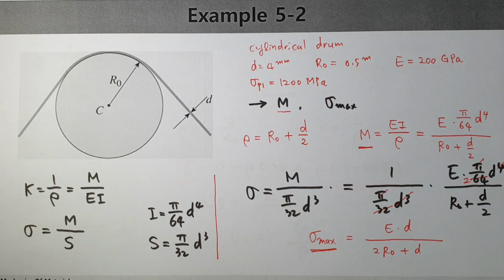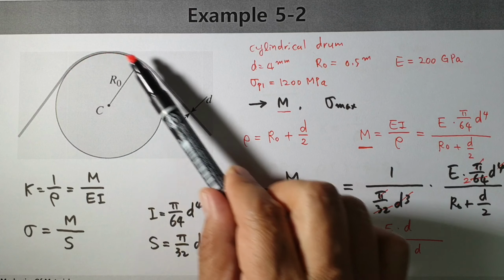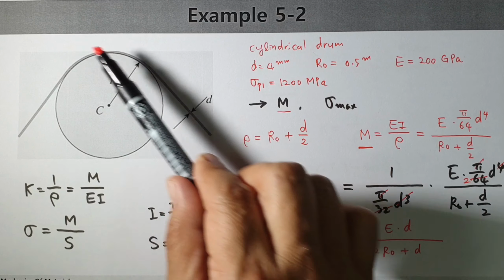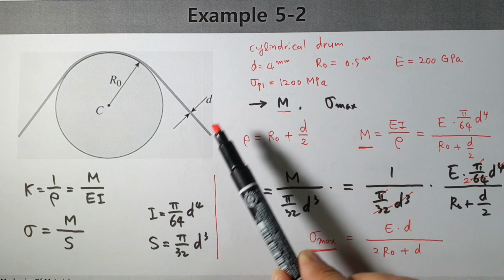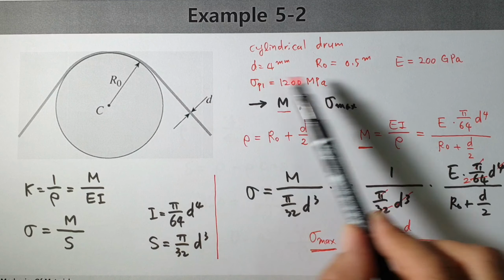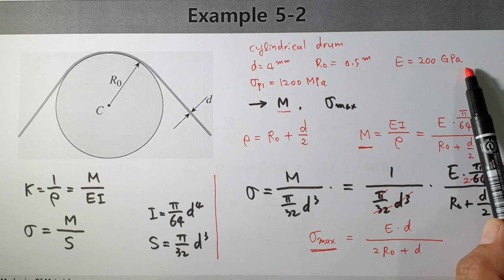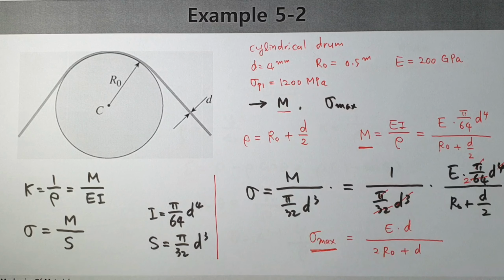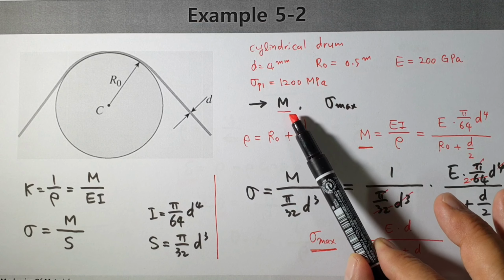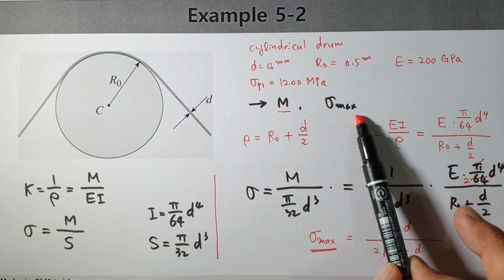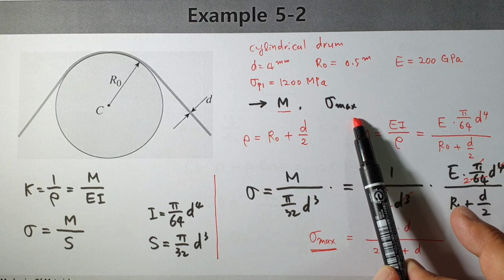I repeat this example again. The given condition is like this. We have a drum like this, and an outside wire, a cylindrical wire. The cross section is a circle, and the diameter is given like this. R0 is given like this, and the modulus of elasticity is also given. The maximum allowable value is like this, and we would like to know the maximum bending moment, and the stress related to the bending moment.